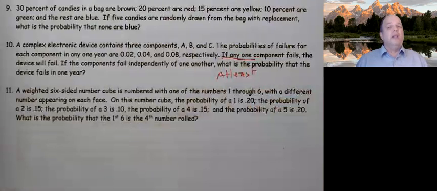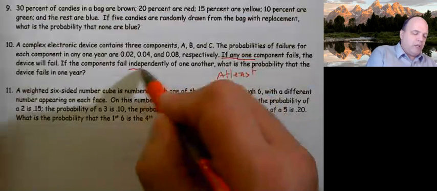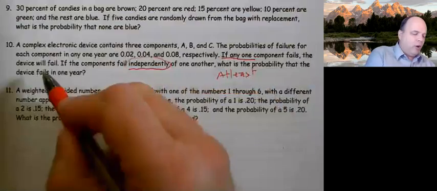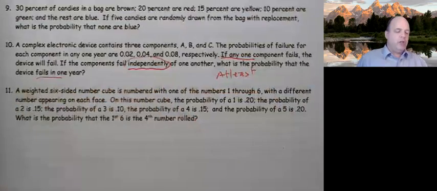I'll always think about a 1 minus situation when I see anything that relates to at least. If the components fail independently, which is important because it means I can multiply them, what's the probability that the device fails in 1 year?